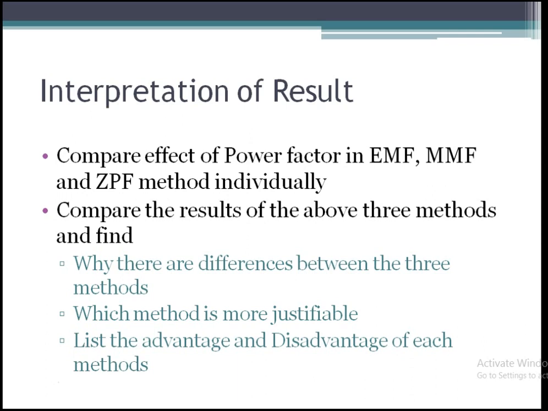So why is there a difference between the calculations? What causes the error? And why do we go with the EMF, MMF and ZPF methods despite these errors?